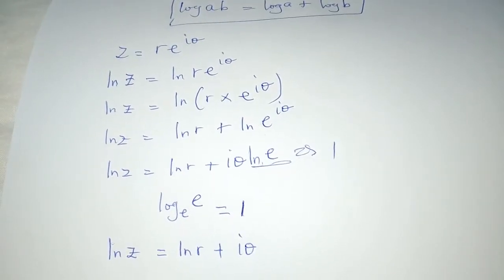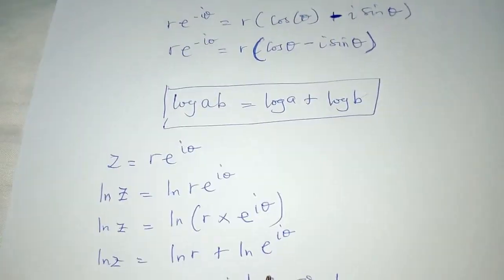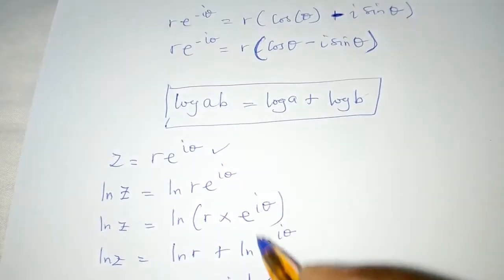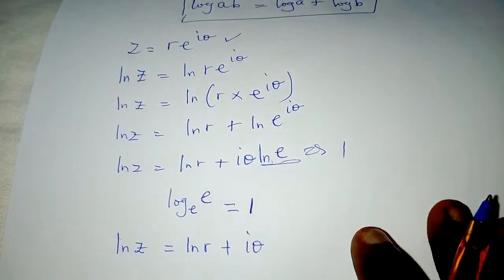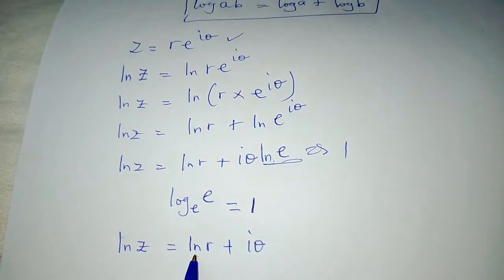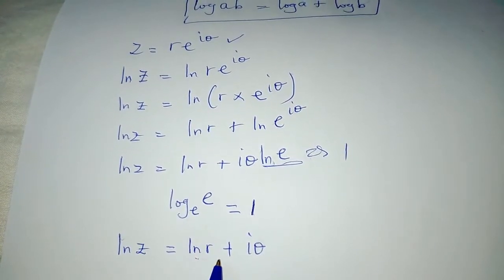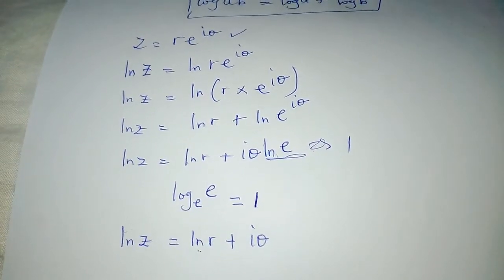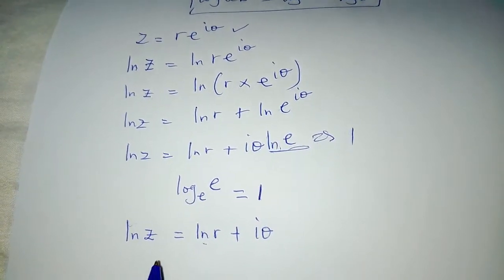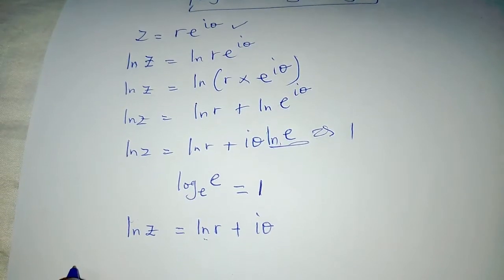So when you have a complex number in the exponential form and you are asked to find the logarithm, you just find the natural log of r, then add it to i theta. So let's take an example and see.